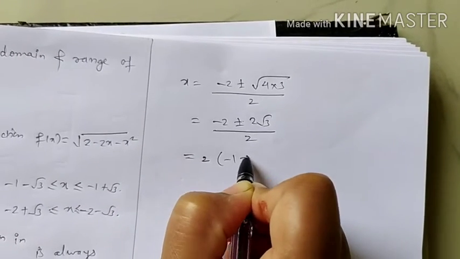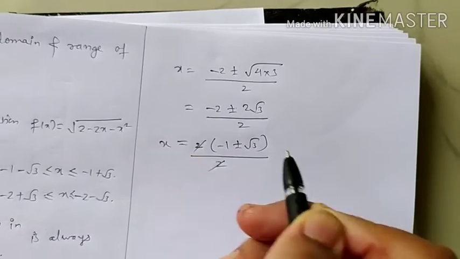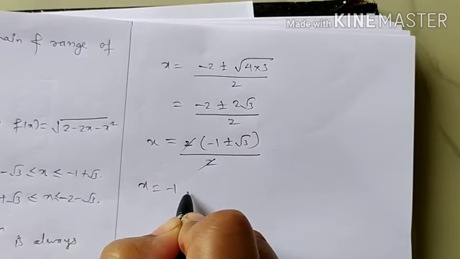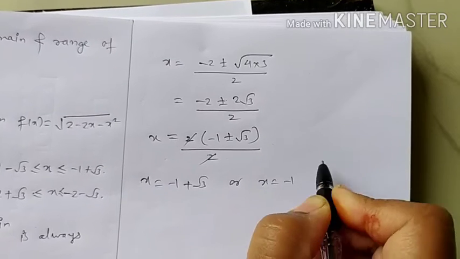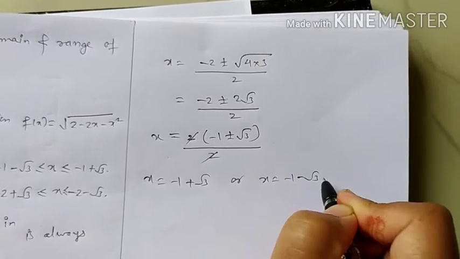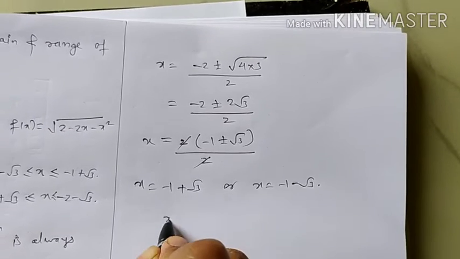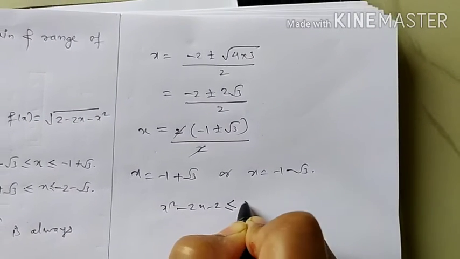So it will be minus 1 plus or minus square root of 3 upon 2. 2 will get cancelled. So either x equals minus 1 plus root 3 or x equals minus 1 minus root 3.